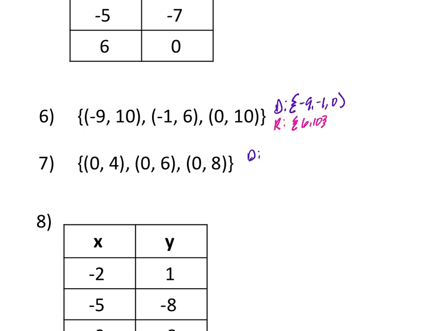So my domain is 0. And my range is 4, 6, 8. Okay, questions? We feel that's okay. Don't worry about it. I just want to make sure that you get it right, so when you do this on the checkpoint, you know, correct?